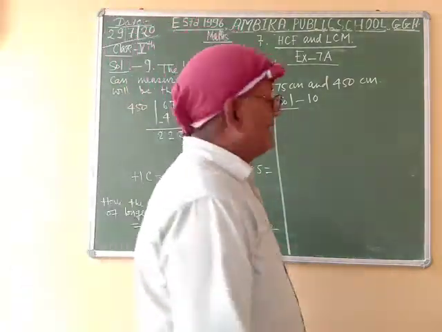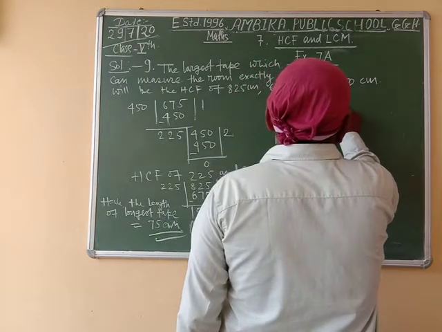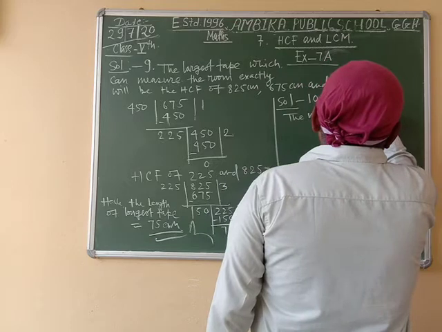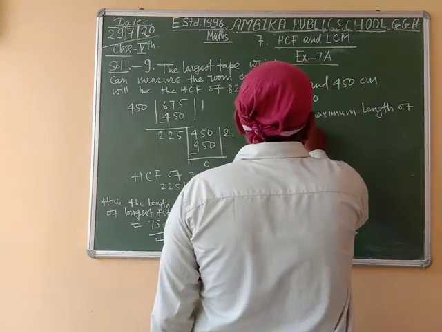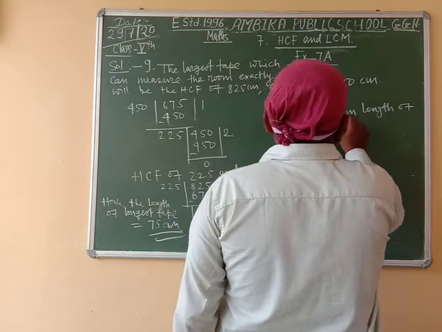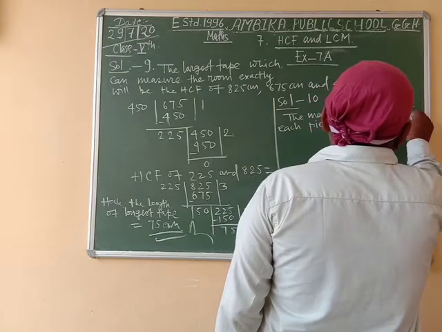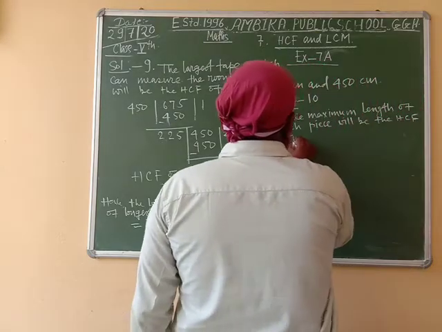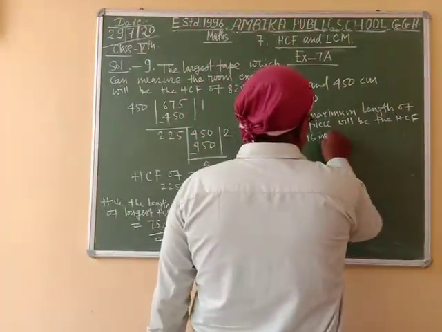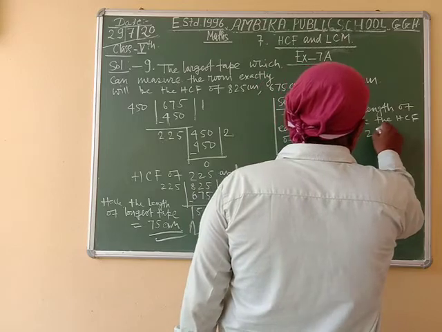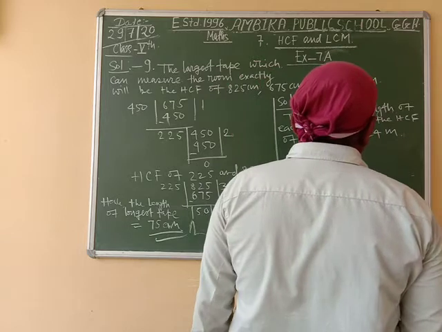So first of all, we find the HCF of 16 meter and 24 meter by division method.